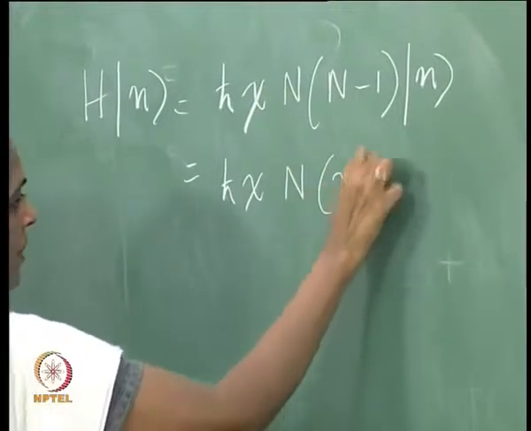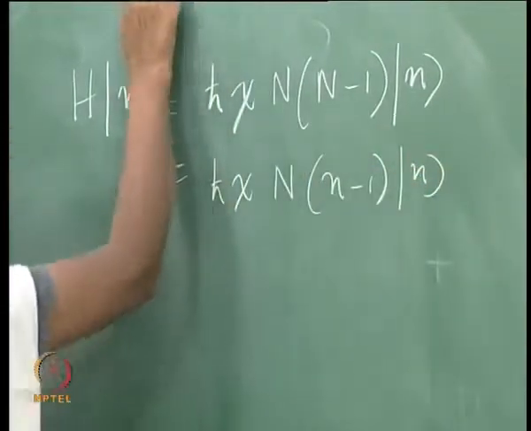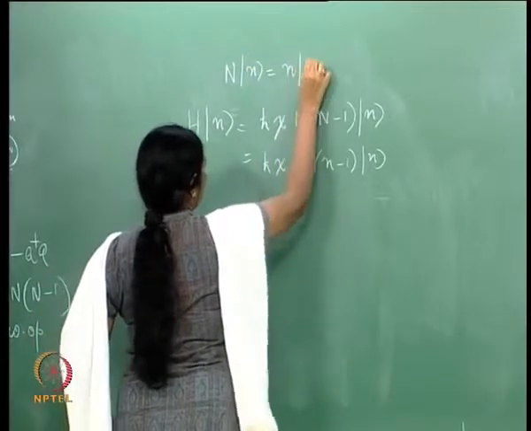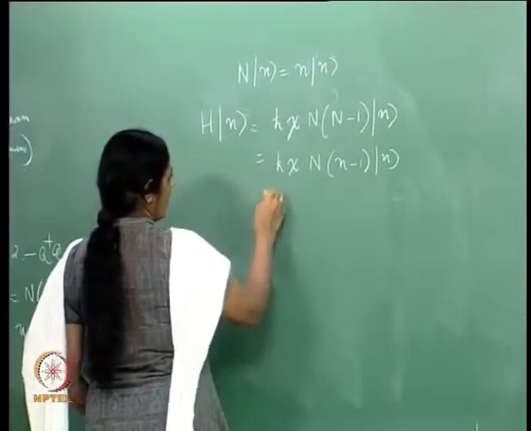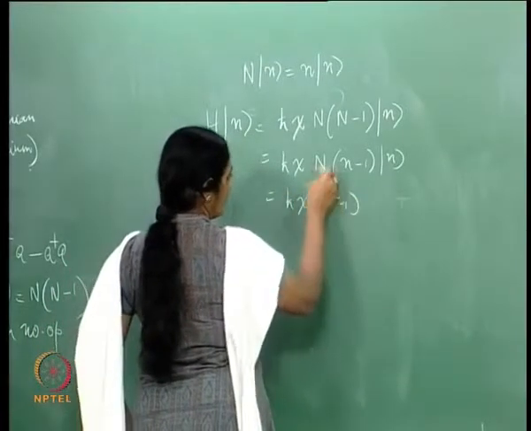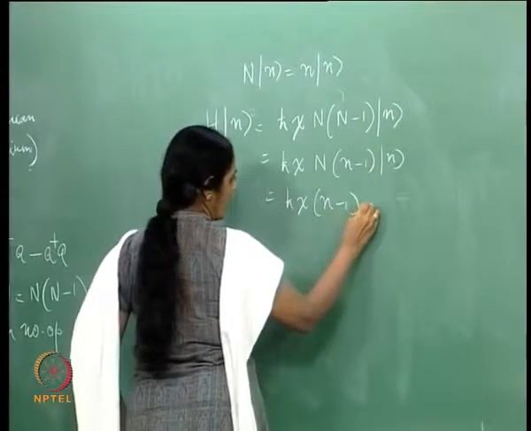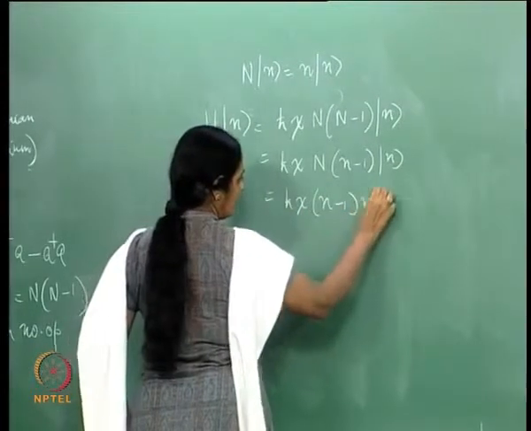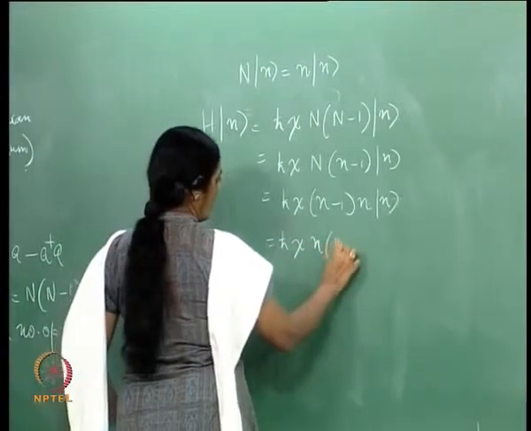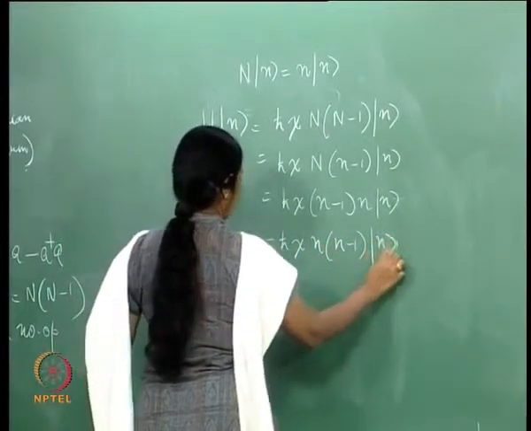This just pulls out a number. Recall that the number operator acting on ket n is simply n times ket n, and therefore, this is n minus 1, and again the number operator acts on ket n, pulls out an n. So, I can just write this as h cross chi n times n minus 1 ket n.